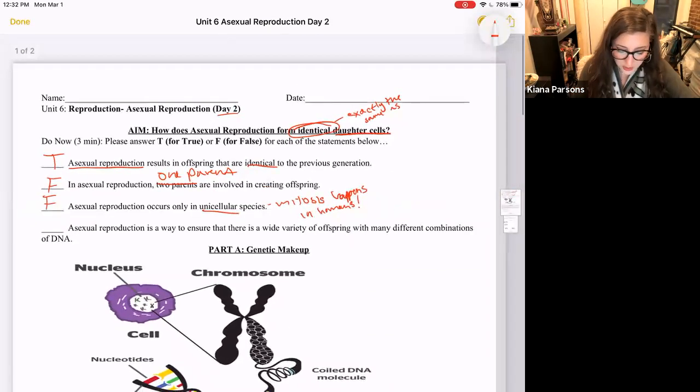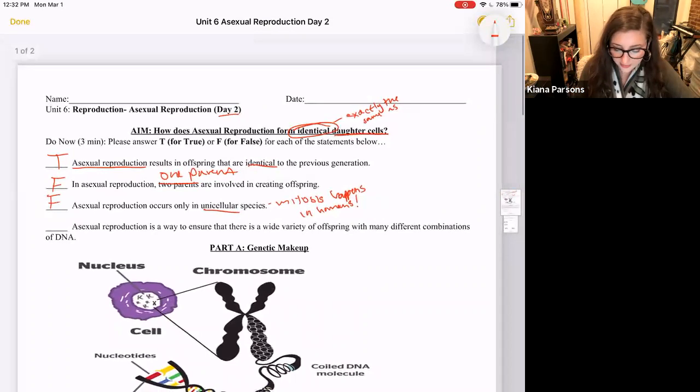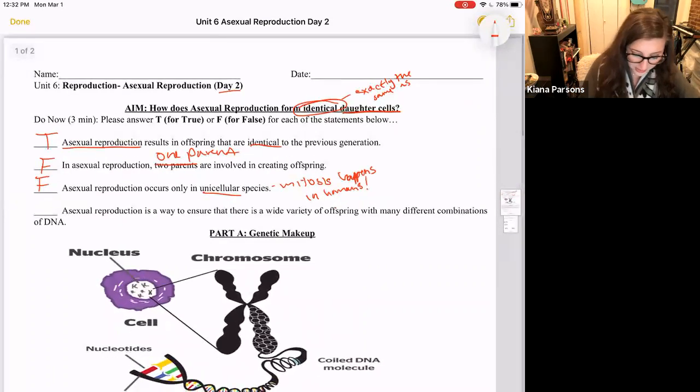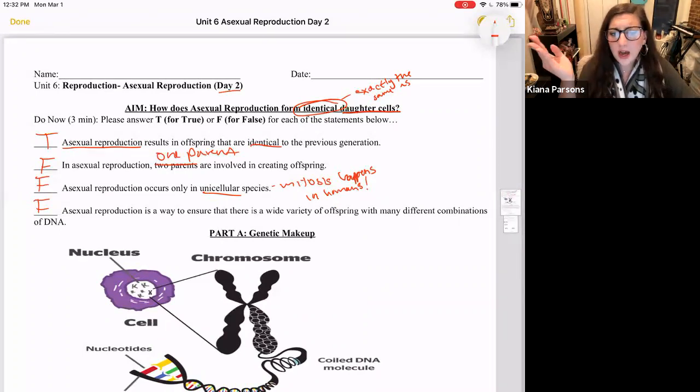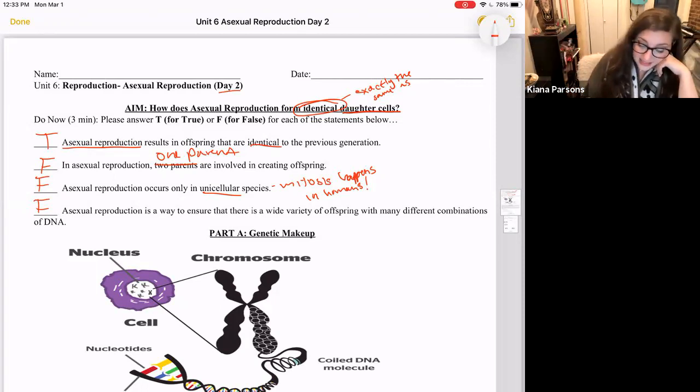Asexual reproduction is a way to ensure that there is a wide variety of offspring with many different combinations of DNA. False. And thinking about the question that you got at the end of yesterday's assignment, what problems could arise if an entire crop species, for example, all reproduces via asexual reproduction and is genetically identical? That would mean they're all vulnerable to the same diseases because they're all genetically identical.